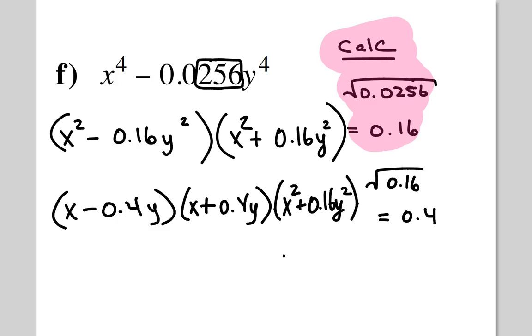You want me to keep going again? No, there's no square on x. You could keep going. It would be like root x minus 0.2 root y, but there's no point in doing that, because then you have radicals. You made it more complex than you needed to. Stuff in highlight was just on the side.